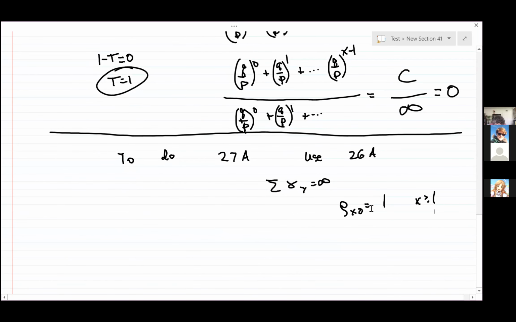Let's do part b. So what does it say? 26b says that rho of x0 is the sum, well, let me just write it because it's easier to do the sum. It's the sum of Q over P starting at x, going on Q over P to the x plus 1, etc.